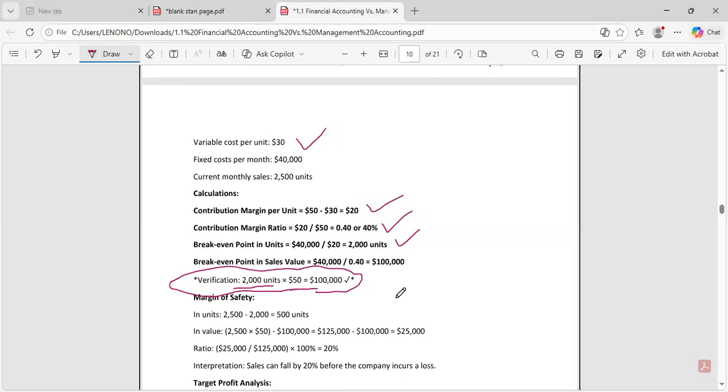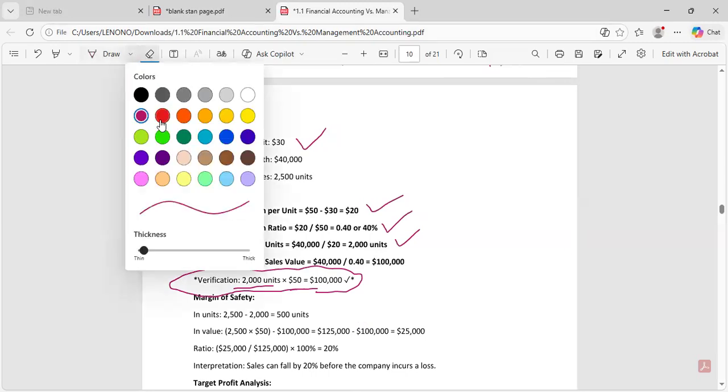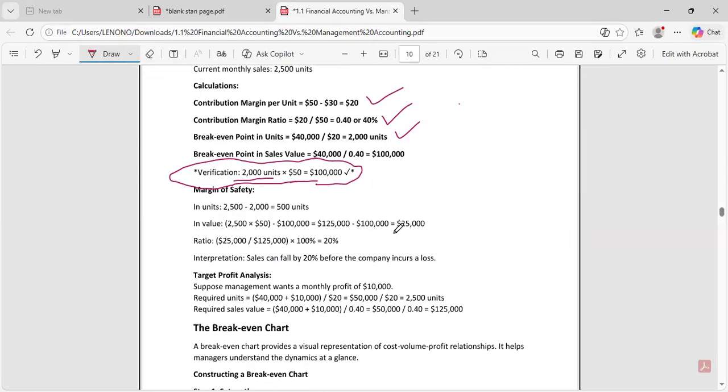Then you can get the margin of safety in units, which is Q minus BEP. MOS is equal to Q minus BEP.